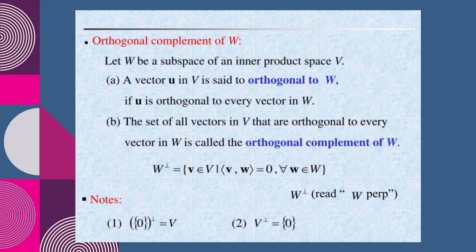Two quick facts: the orthogonal complement of just the zero set is the entire space V, and the orthogonal complement of the entire space V is just the zero vector.